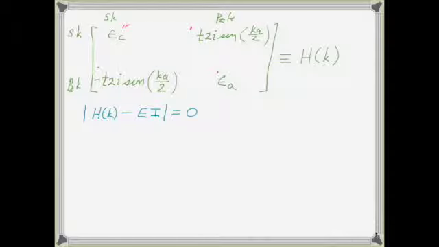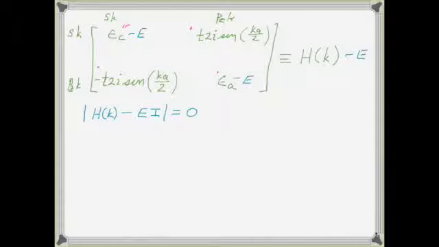So we set the determinant equal to 0 and solve for the energies that make that true. That's how we calculate the eigenenergies. I just put a minus E on the diagonal. That's my H minus E, and I take the determinant.